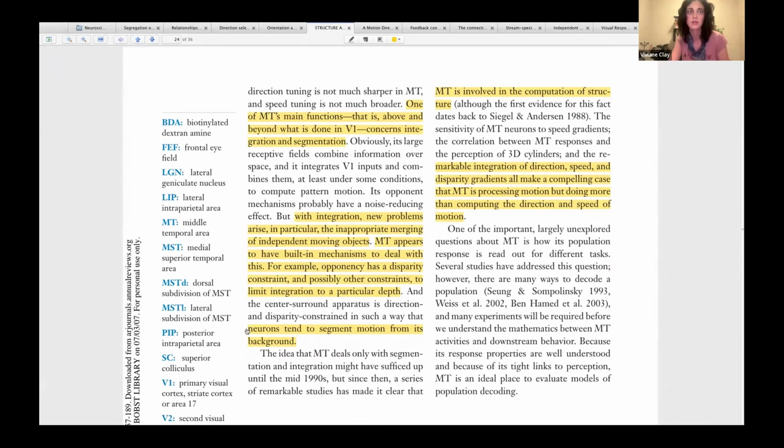Neurons tend to segment motion from its background. MT is involved in the computation of structure. You could apply this to almost anything. MT responses and the perception of 3D cylinders: the remarkable integration of direction, speed, and disparity gradients all make a compelling case that MT is processing motion, but doing more than computing the direction and speed of motion.